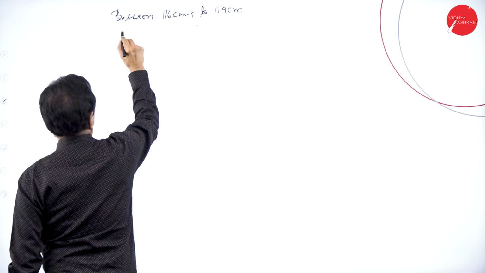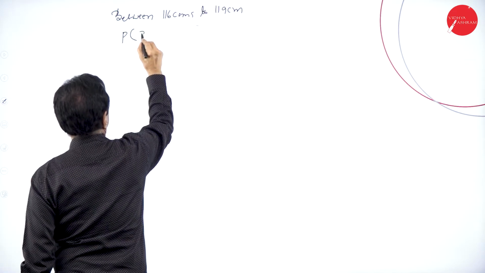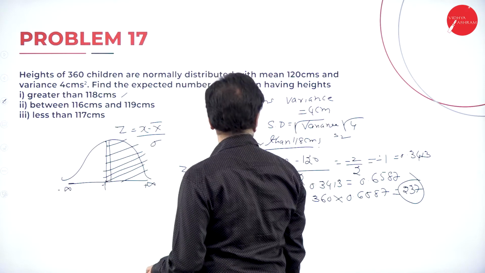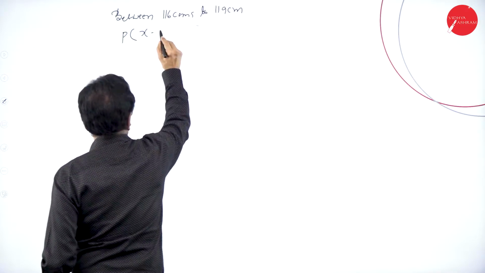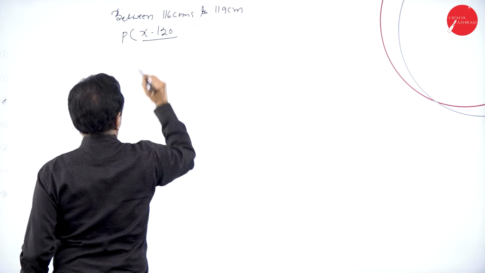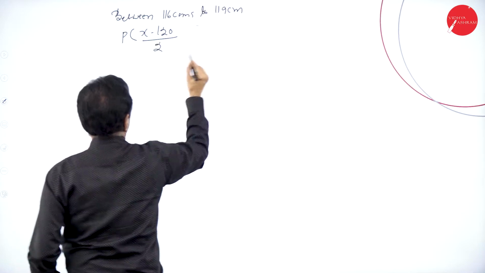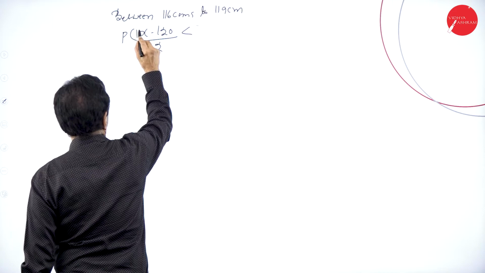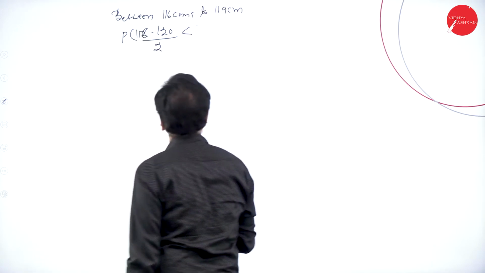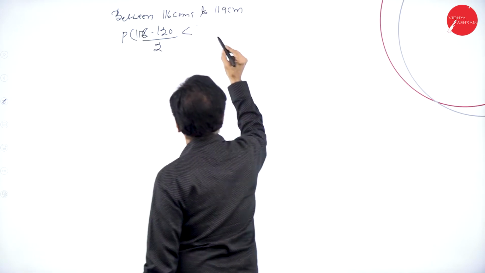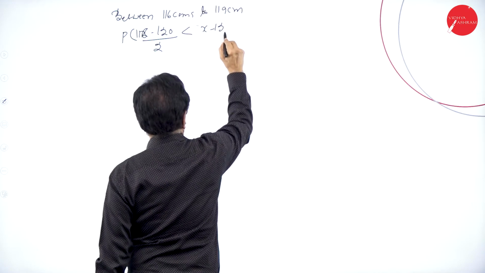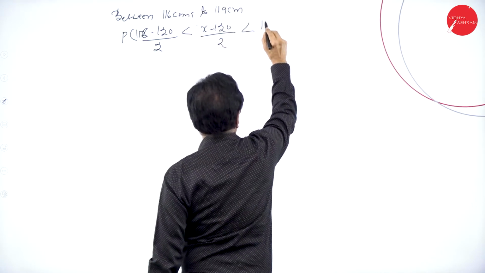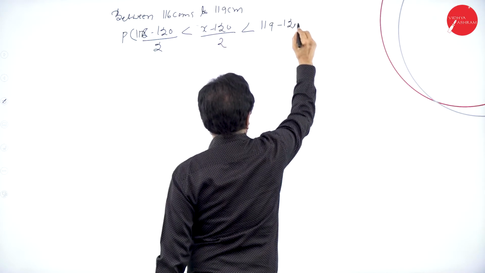So probability is equal to x minus, what's your mean? Your mean is 120, divided by your standard deviation, which is 2. We can write 116 minus 120, then x minus 120 divided by 2 less than 119 minus 120 divided by 2.